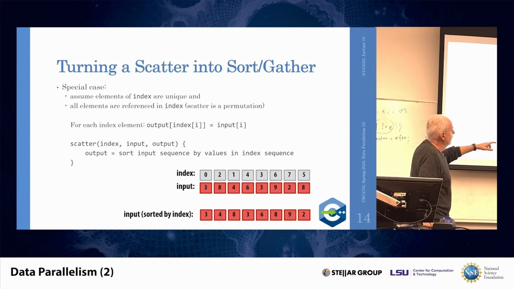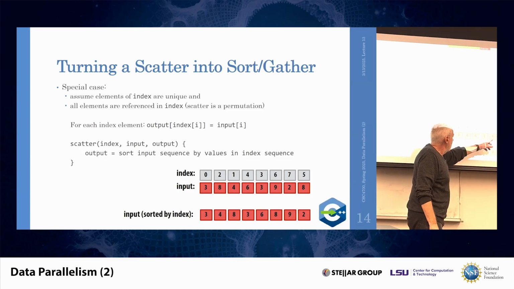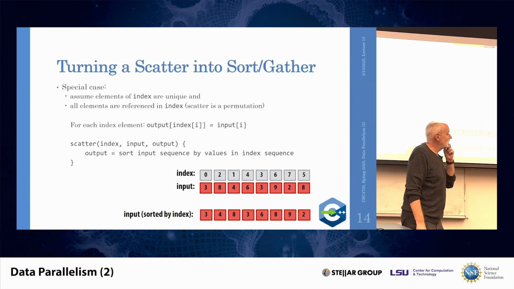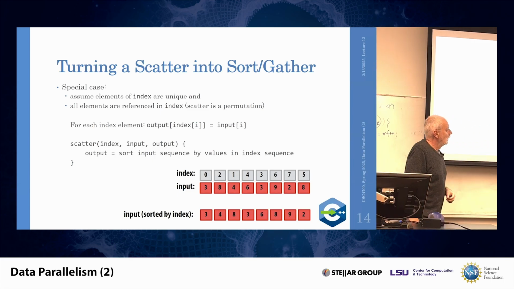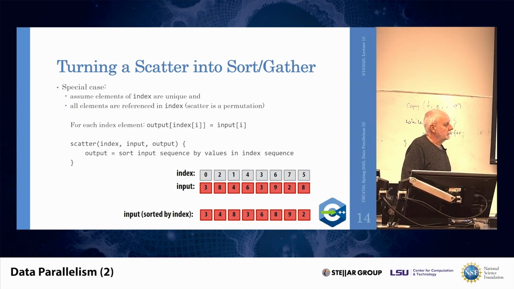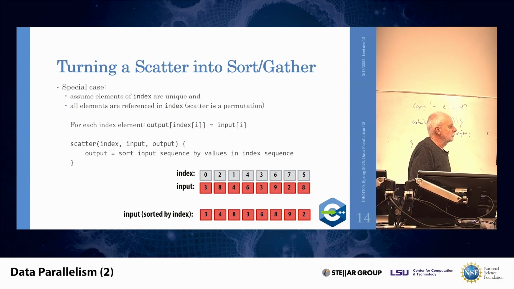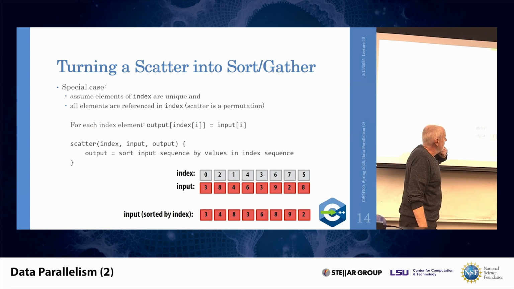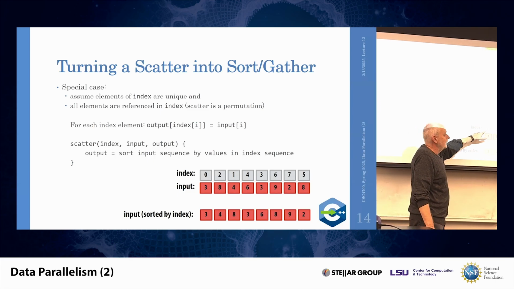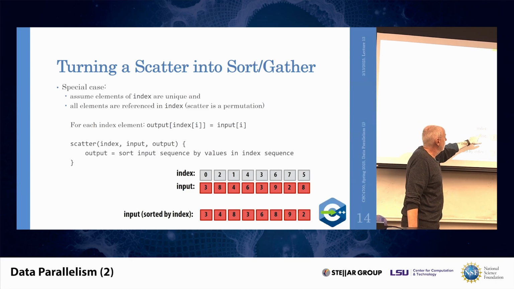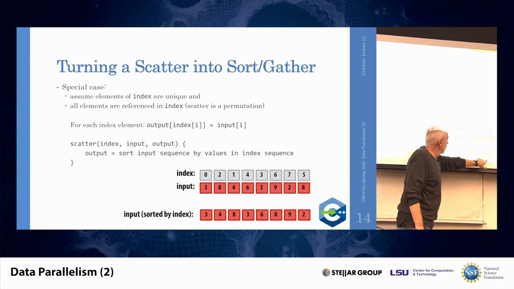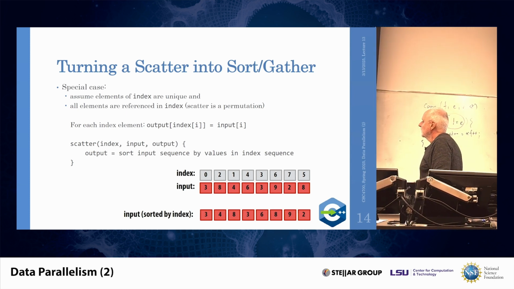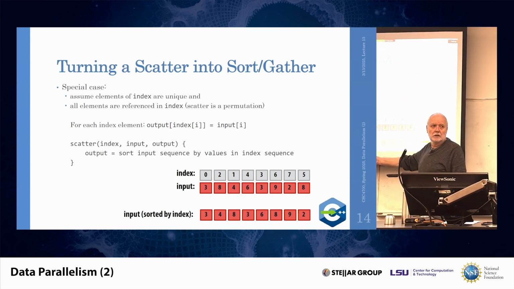So you have some index which is unique and you have some input data that you want to read things from. In order to get a scattered output, all you have to do is sort these two sequences together by the index. If you make sure that the index is sorted, that will flip the corresponding values in an appropriate way, and the output will be a scatter operation.